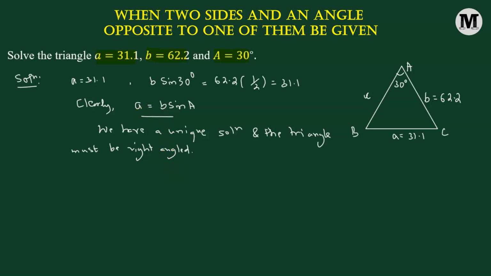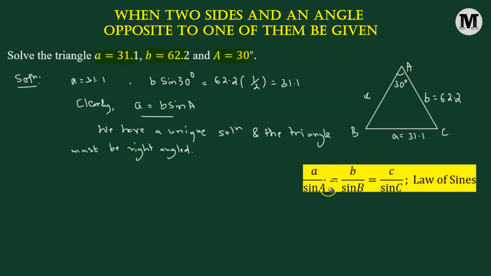So from the law of sines, we have the ratio a over sine A equals b over sine B equals c over sine C. That is the law of sines.